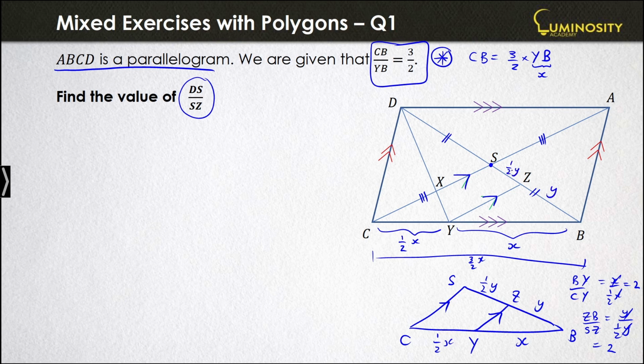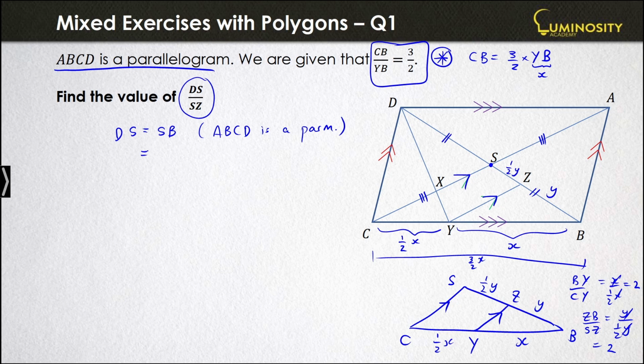But notice we want DS over SZ. And DS is equal to SB. And the reason for that is ABCD is a parallelogram. Okay, so remember in geometry, you always need to give reasoning for our statements. Okay, so since that is true, I can break up DS into SB.